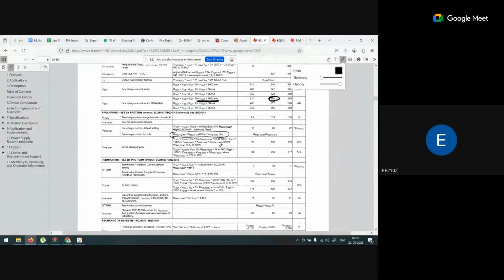Recharge current is given at 25%. So we are using the value of 100.